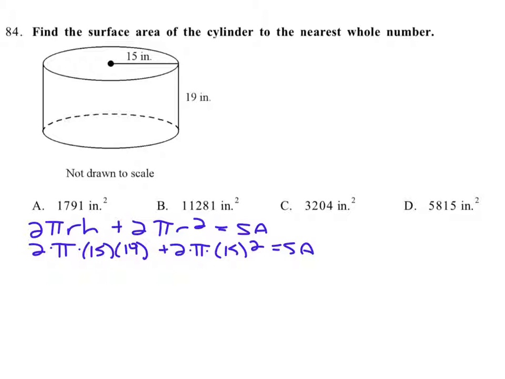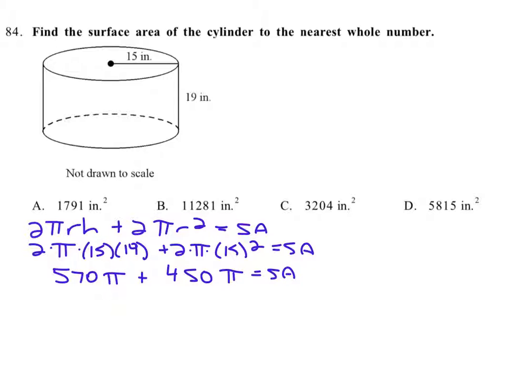Okay? And if I multiply all the numbers together for this first piece right here, 2 times 15 times 19, 570 pi, plus here, if I do 15 times 15, 15 times 15 is 225, and times 2 is 450, so we get plus 450 pi.